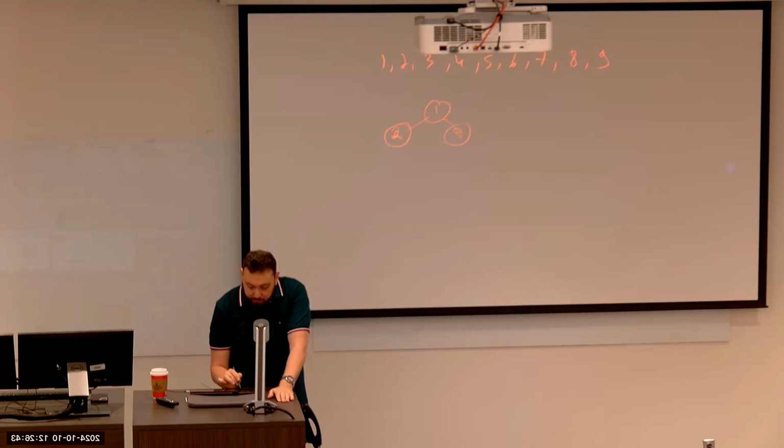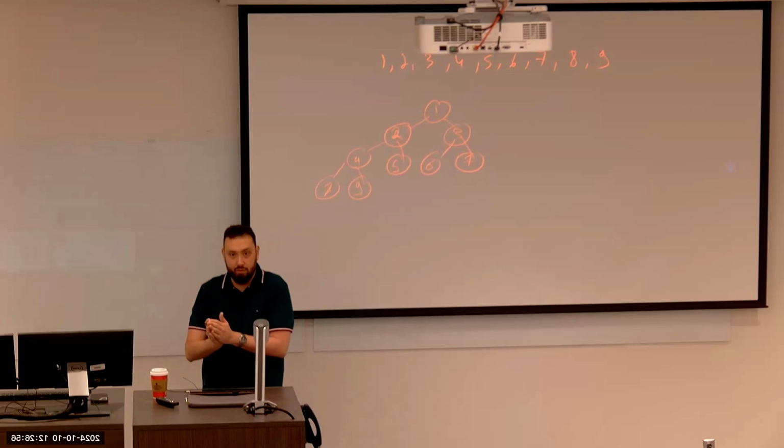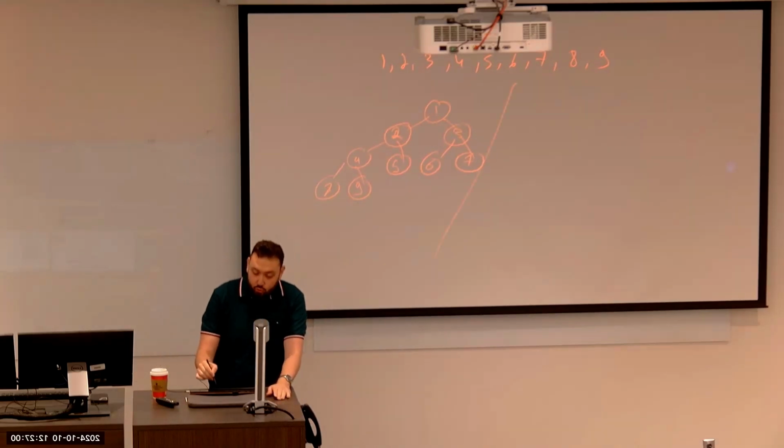So that means 4 is here, 5 is here, 6, 7, 8, and then 9. Okay, that's how I fill a complete binary tree. I do it like this, left fill. This is a complete binary tree.